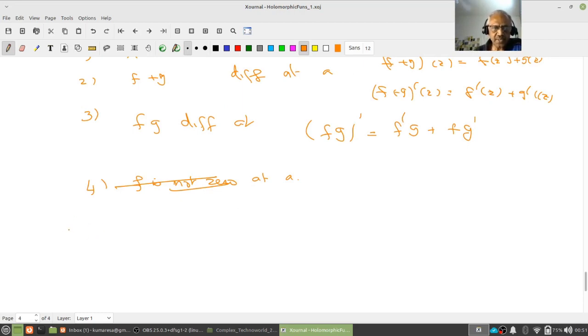For example, how will I do 3? I'll just show that. This is going to be f of A plus f1 of z into z minus A, right? There exists a function f1 which is continuous at A with this property. Similarly, g of z.